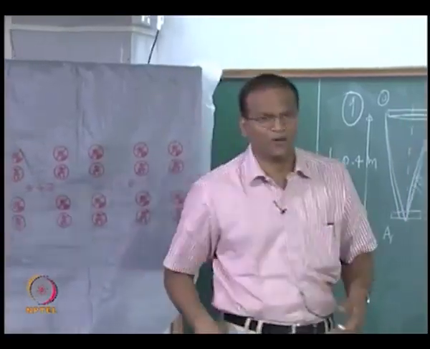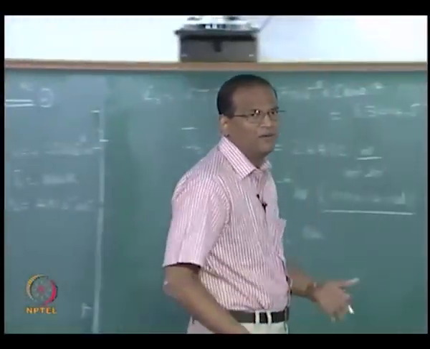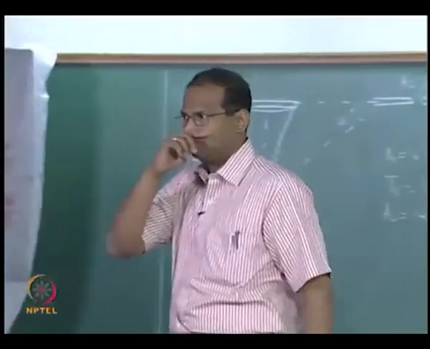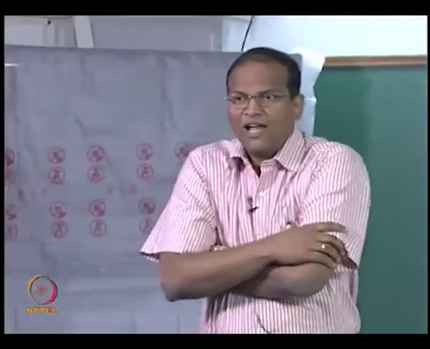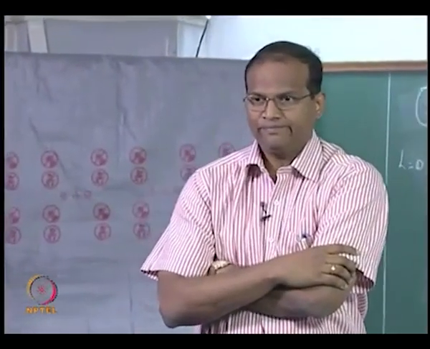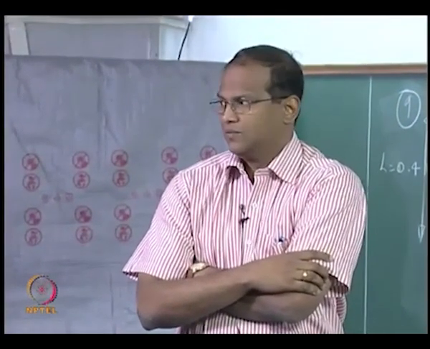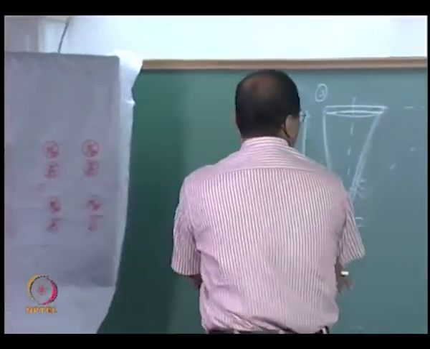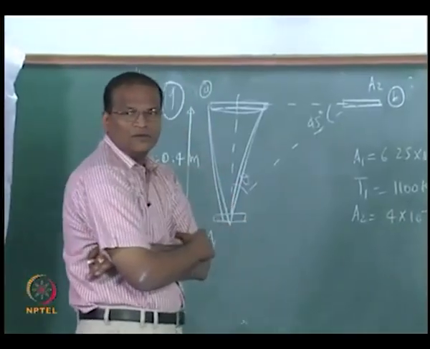Now please apply the formula again, but now A1 cos theta also is there. Please do not forget A1 cos theta will also come, correct? Cos theta and cos theta both.